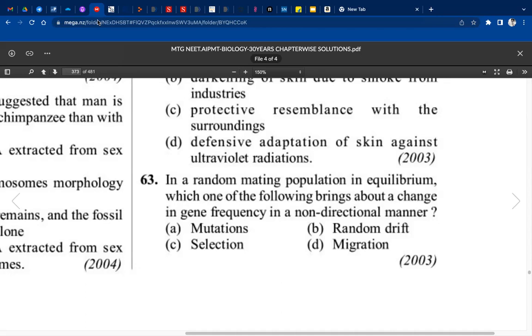So random drift, as I told you, is a chance event. It can happen in any direction. Mutations, I told you, are also random, but only the ones which work for the advantage of the population will be selected. The others won't be, because the organism will die.